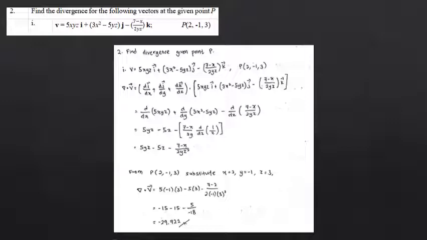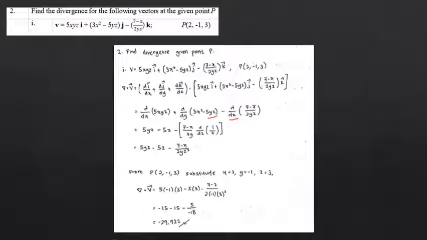The first step I made to find the divergence is the dot product with vector v. So we will separate the partial derivatives: d over dx for 5xyz, d over dy for (3x squared minus 5yz), d over dz for (7 minus x over 2yz).